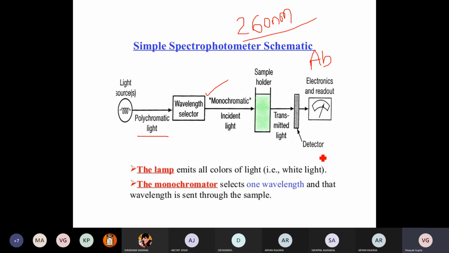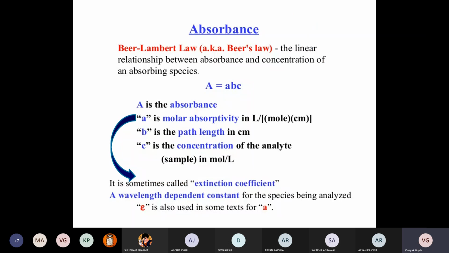Now, using this spectrophotometer, we are going to get absorbance, and what we need is concentration. So there should be some relationship between these two things, absorbance and concentration of nucleic acid. Let's go to that point, and it is called Beer-Lambert's law.